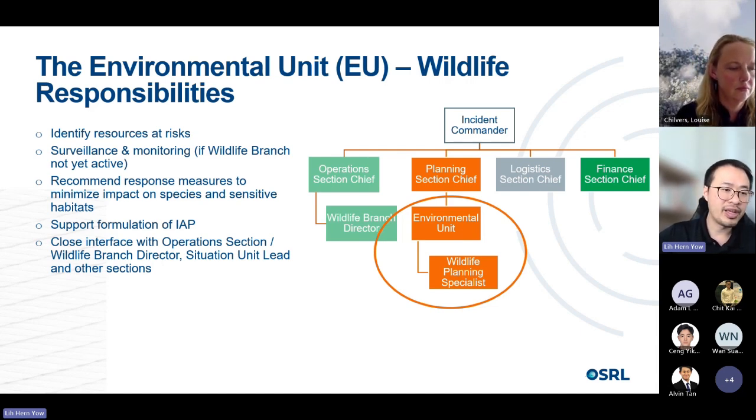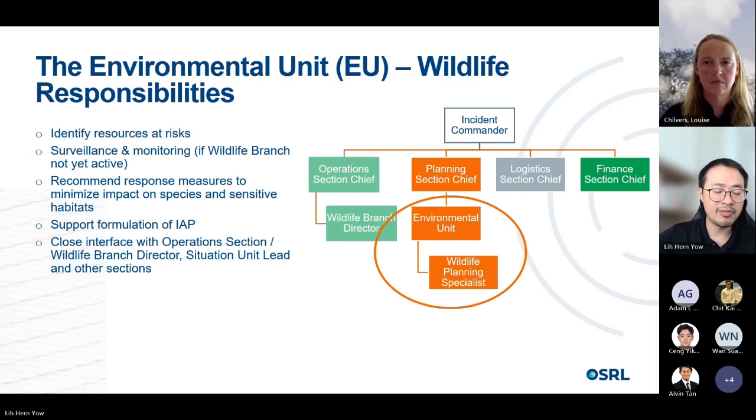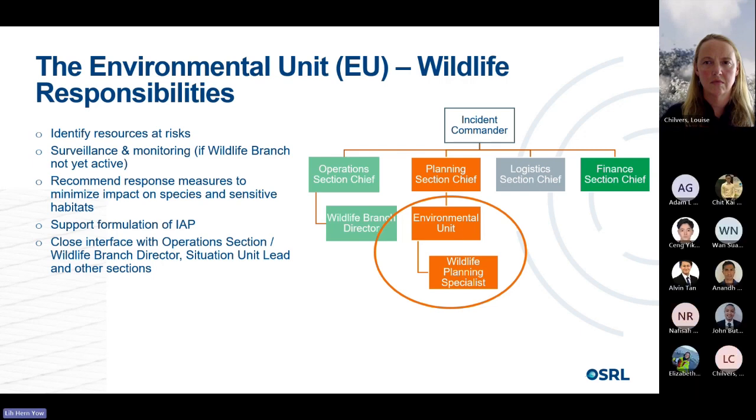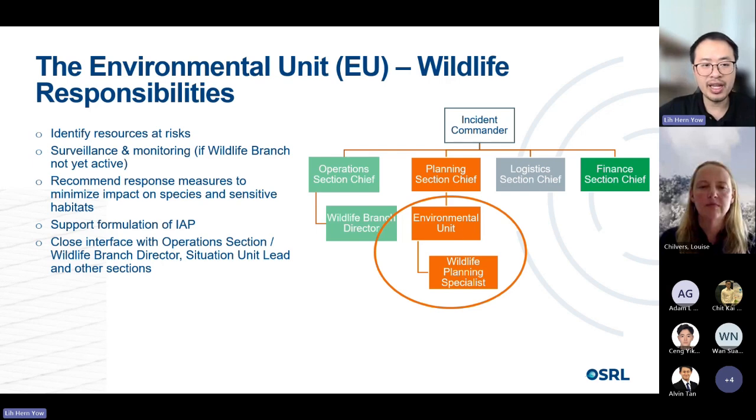So if you recall the three principles we mentioned just now. And of course, this all will support the formulation of the IAP, and the IAP is the one that determines the action to be done for the next operational period. And this person, of course, has to work in close interface with the operations section, the wildlife branch director, and the situation unit leader, as well as other sections when it comes to the planning cycle, which we will talk about later.